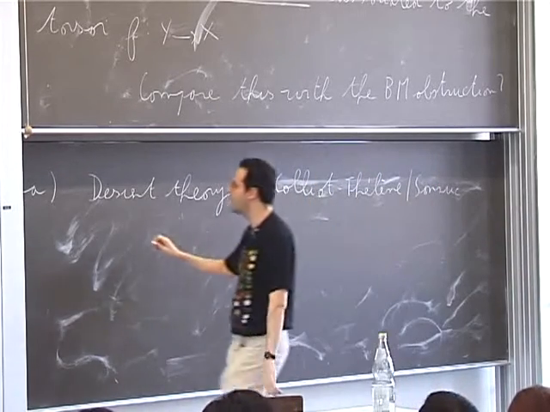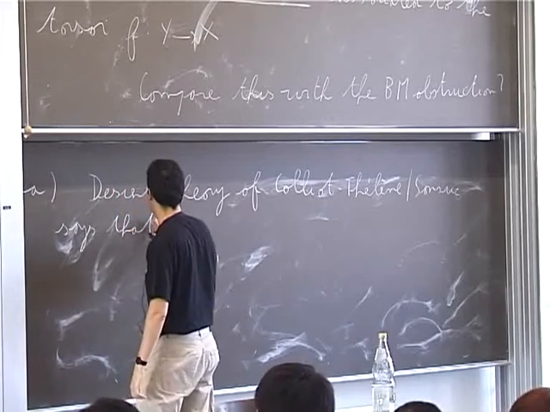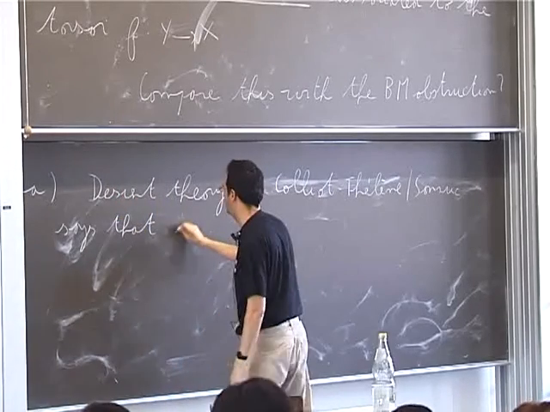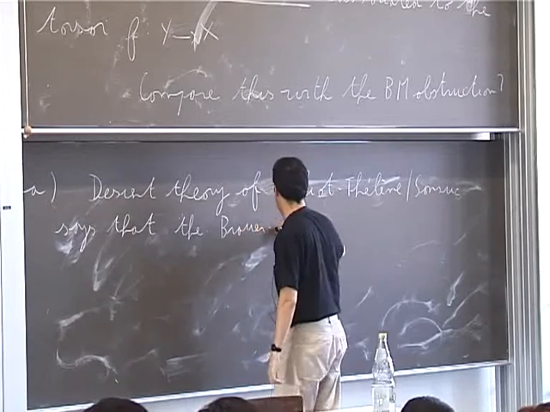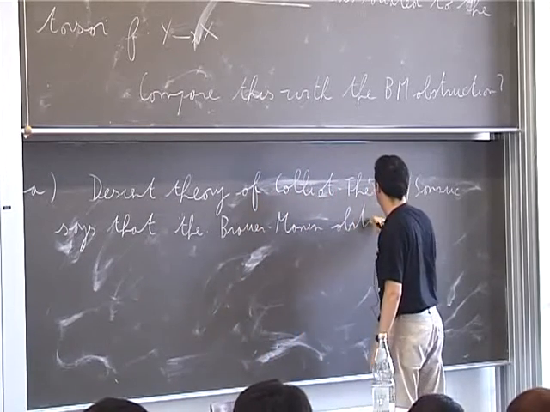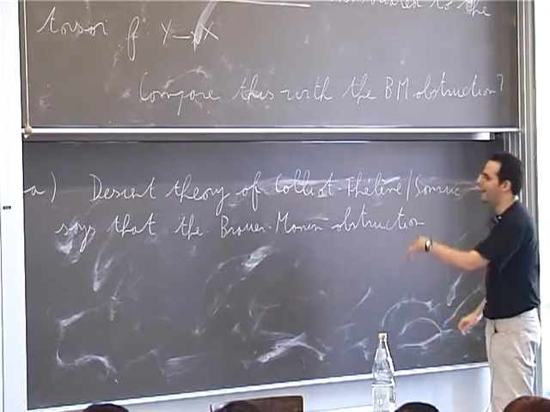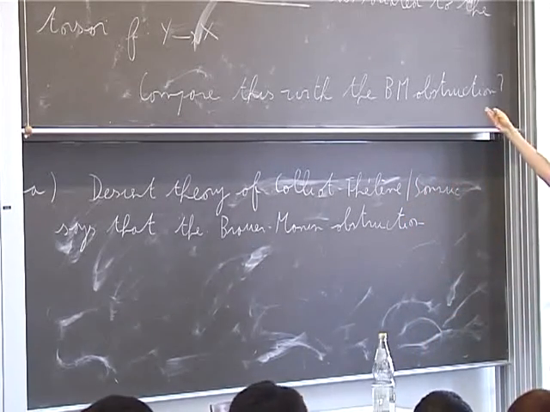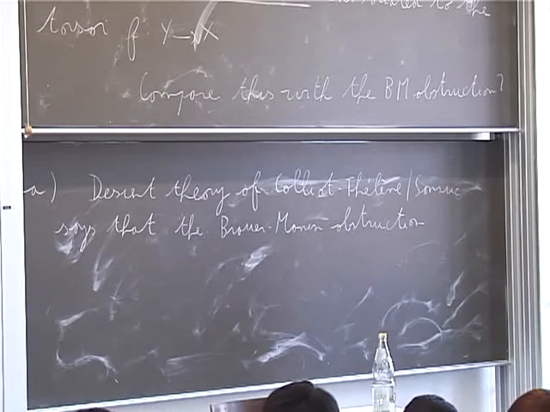So this theory says that the Brauer-Manin obstruction is essentially equivalent to all descent obstructions associated to groups of multiplicative type.